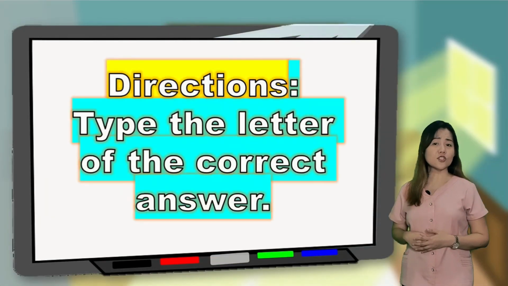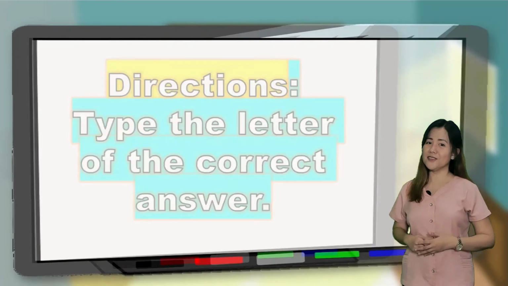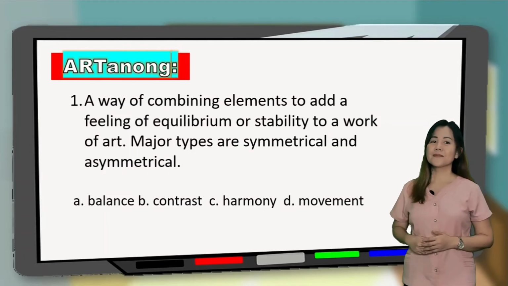I want you to read each question and type the letter of the best answer on the comment section. Letters only. Are you ready? Then get set, go! For number 1, a way of combining elements to add a feeling of equilibrium or stability to a work of art.